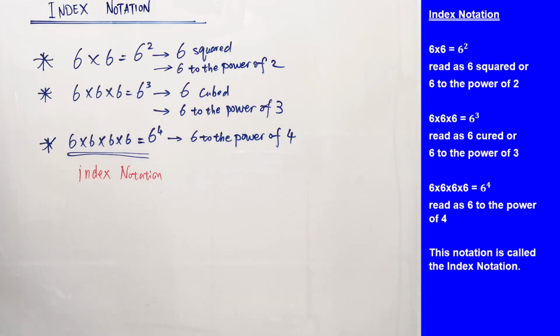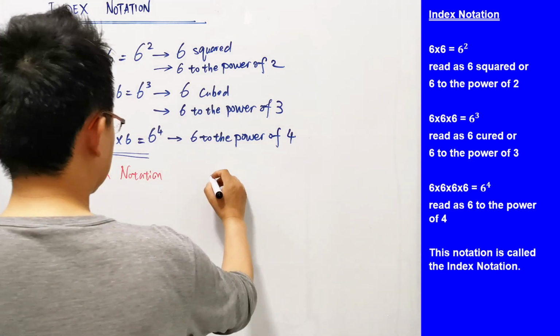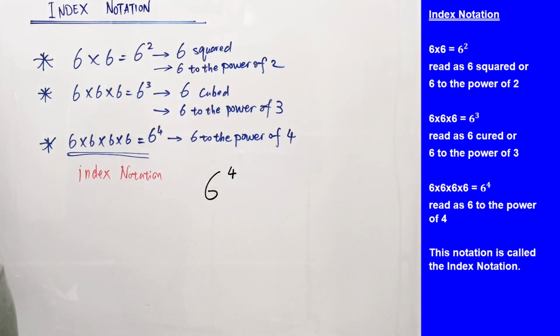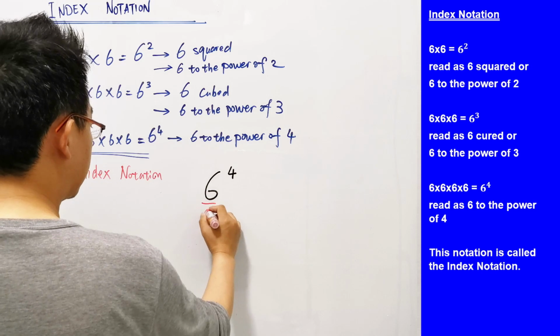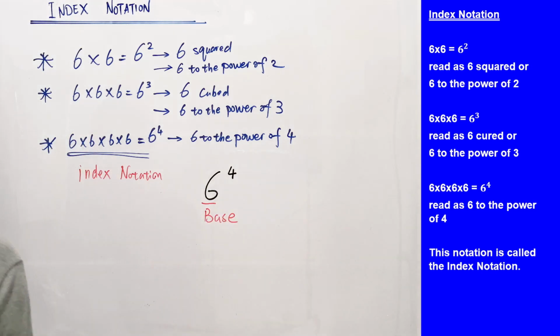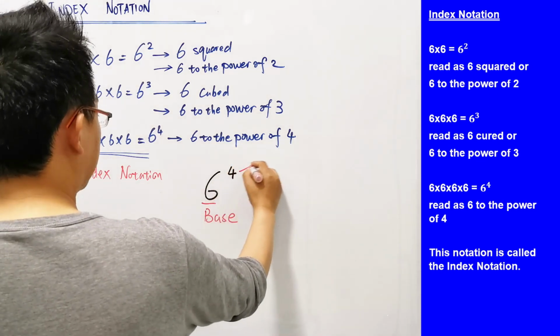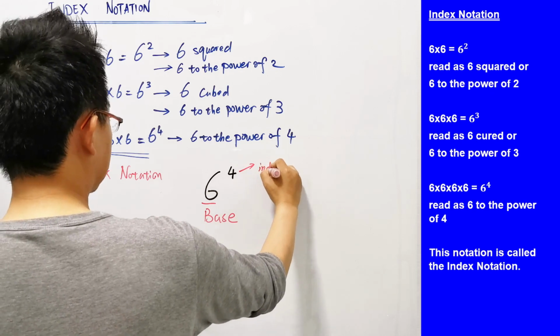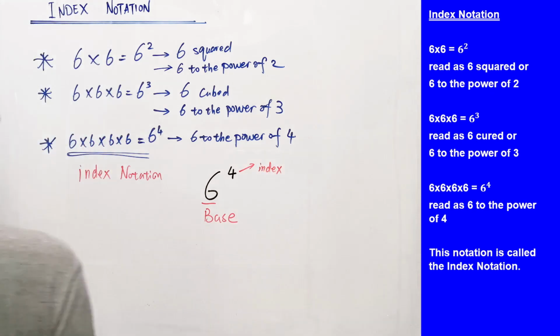So what's the meaning? Let's write this one: 6 to the power of 4, right? Basically 6 is the base. On the top right hand side, this 4, we call that the index.